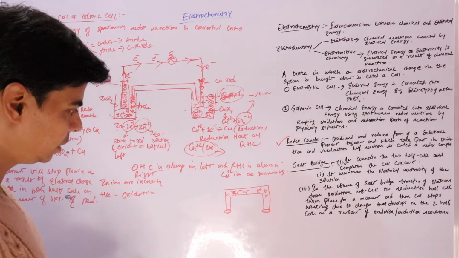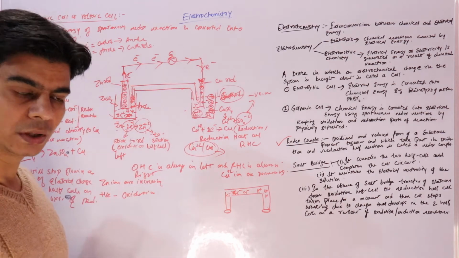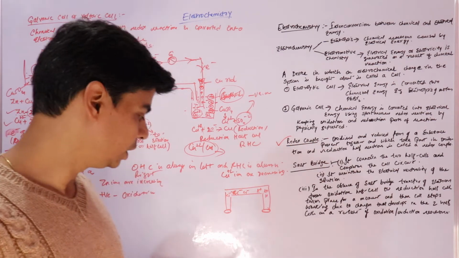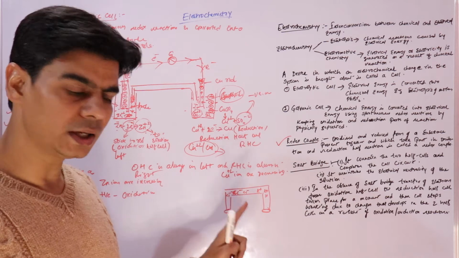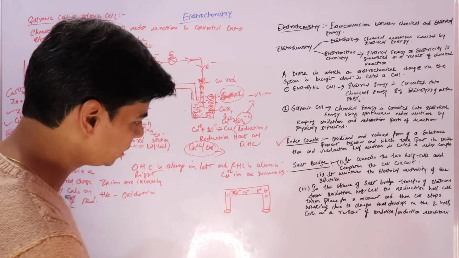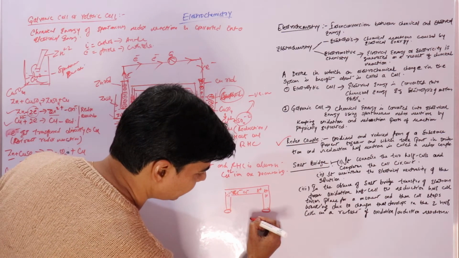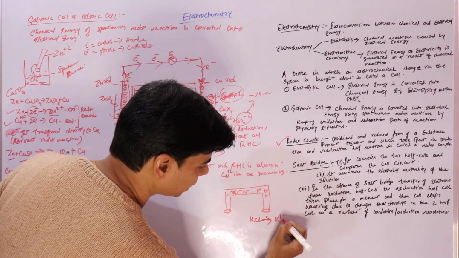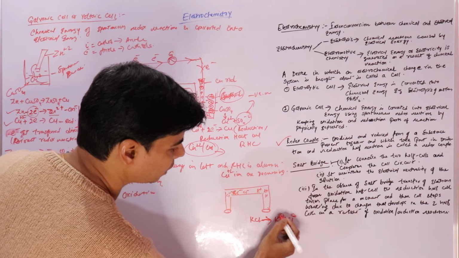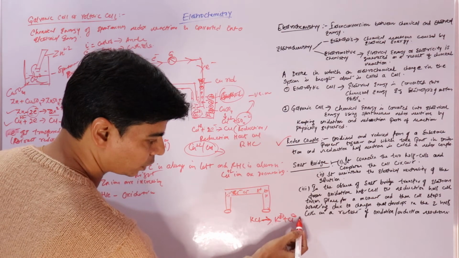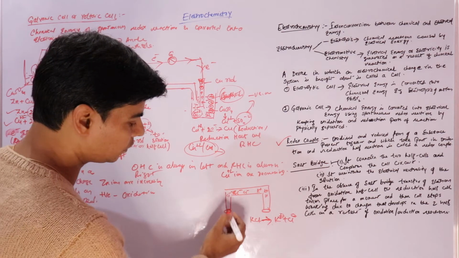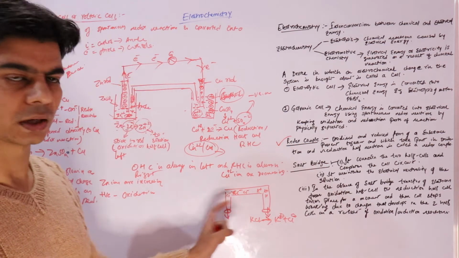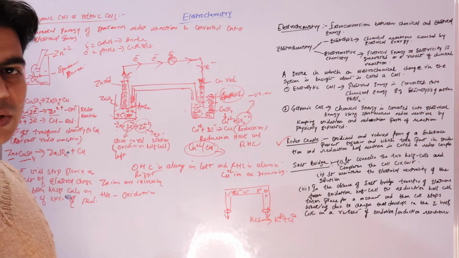So it will connect the two half cells without the solutions getting intermixed. This porous plug will only allow movement of ions. If the bridge contains potassium chloride, it will only allow potassium ions and chloride ions to move out of the porous plug into these half cells.